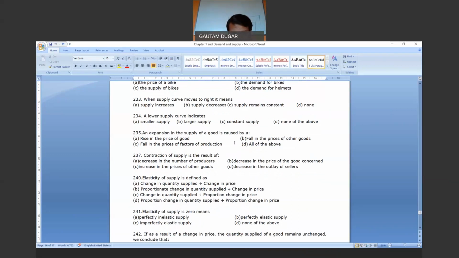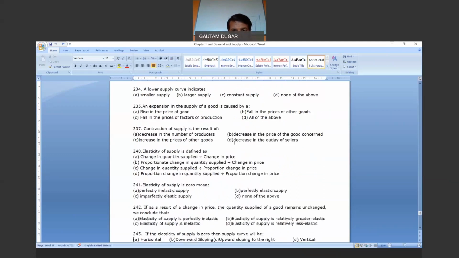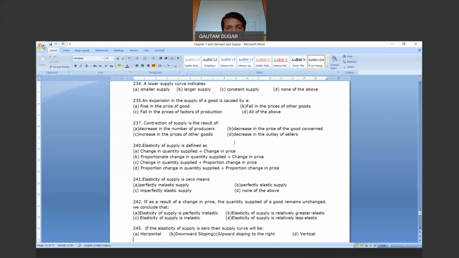Next, 235. An expansion in the supply of a good is caused by rise in the price of the good. Expansion means this one. 235 is A. Very good.